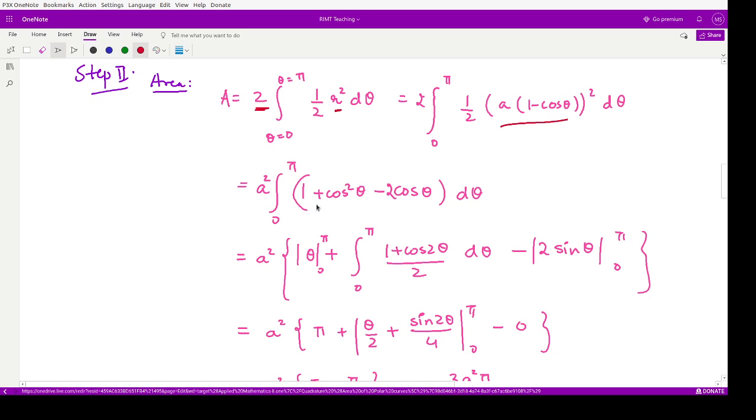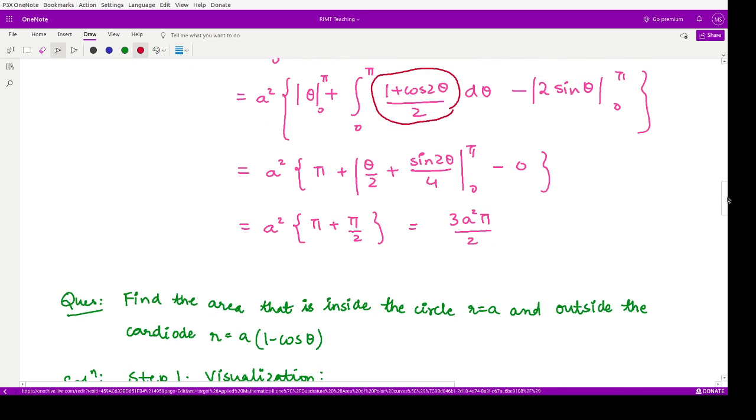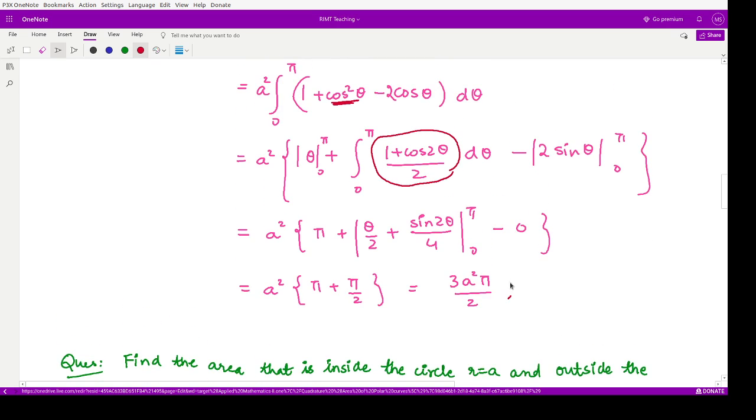So we would have 1 plus cos square theta minus 2 cos theta, and then we can just integrate. We can substitute here this double angle formula and perform the integration, substitute the values, and this is the final answer.